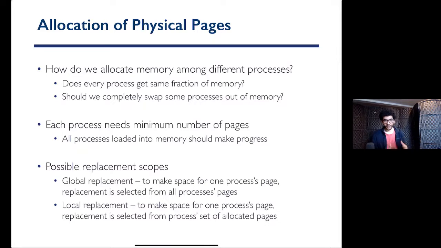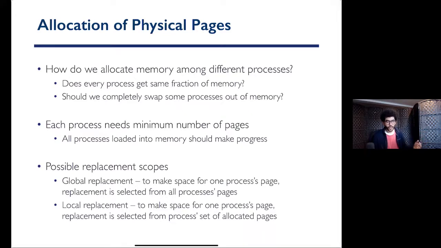If you evict a page from process 2 to bring a page from process 1, this basically means that you're allocating to process 1 more memory, and you're taking that away from process 2. And this is done by your replacement policy. So if you leave it to applications, then you might end up in a situation where if you have one aggressive process that needs a lot of pages, it could take away memory space from other processes and then make them suffer.